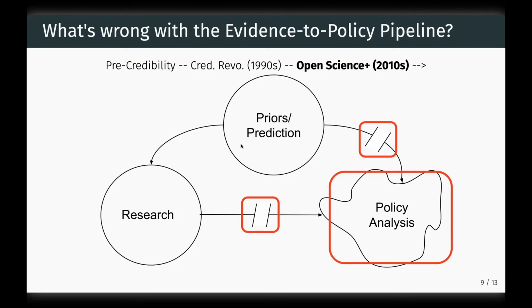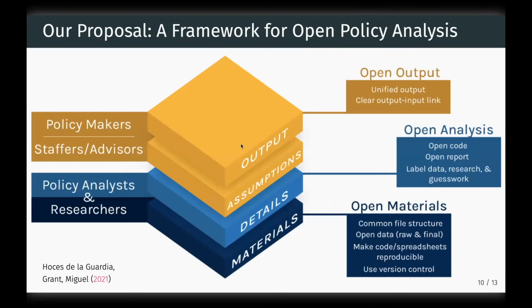I hope that this might help my fellow panelists that come after me, but this is the motivation for us to propose the open policy analysis framework, a paper that we wrote with Ted Miguel and Sean Grant, where we propose to move away from the static one-dimensional report and focus more on a three-layer product or object that will serve different populations. On the top, we should focus on having one output to inform policymakers. We should not give them 30-page reports for them to choose the plot that best fits their priors.